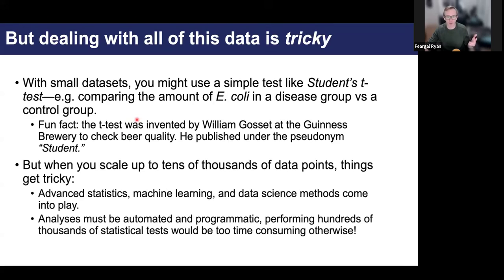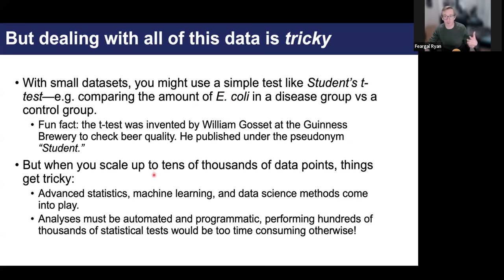But when you scale that up, imagine you were measuring the abundance of 10,000 different bacteria between groups of 500 people. Suddenly, these tests get very difficult. Maybe if you're doing it in one test, you could probably work it out by hand, or maybe even with a calculator, right? When you start going up to thousands and thousands, you need to start automating these processes.